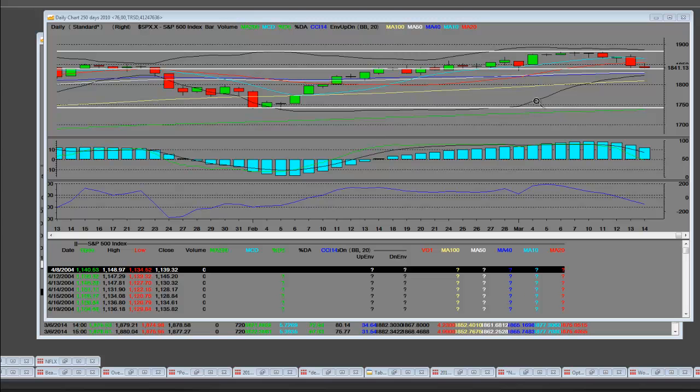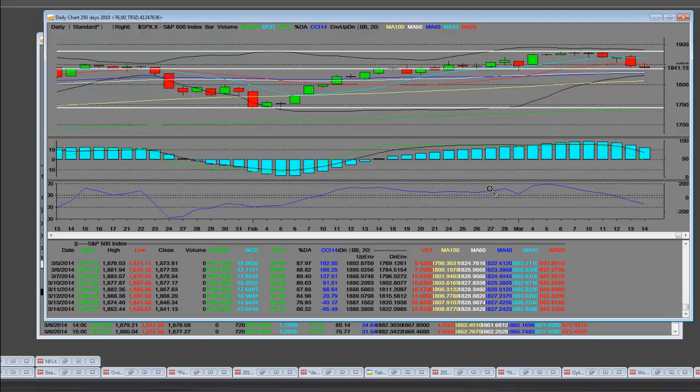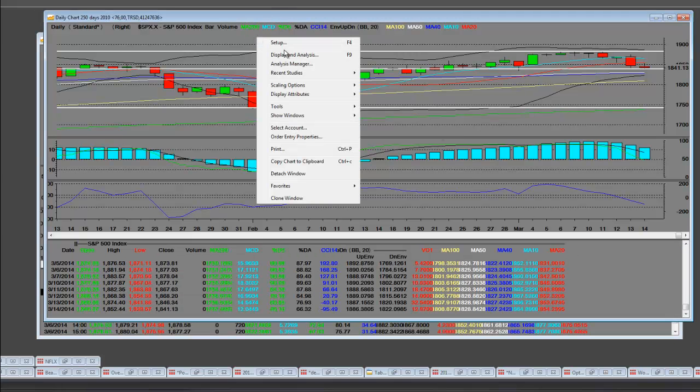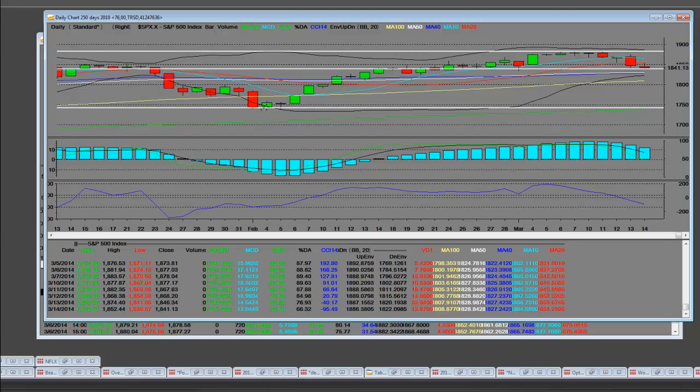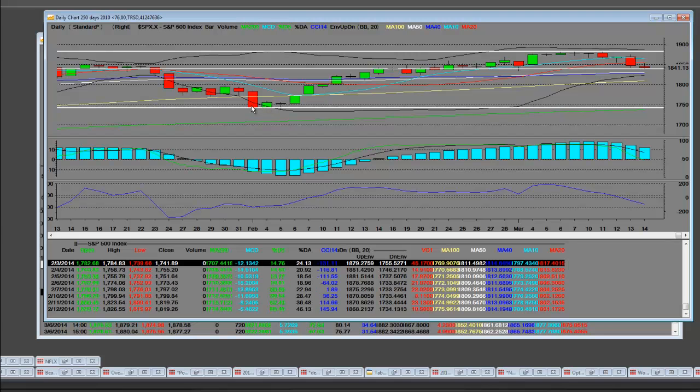Now, we've been covering this S&P that broke below the 10-day and the 20-day simple moving average to a major support level, which was ultimately the resistance level when we had broke up from those lows in the S&P. And at the time, just so everybody knows, once again, the bottom over here was 1739.